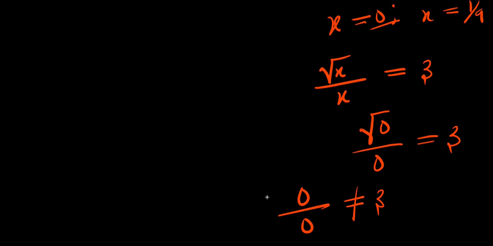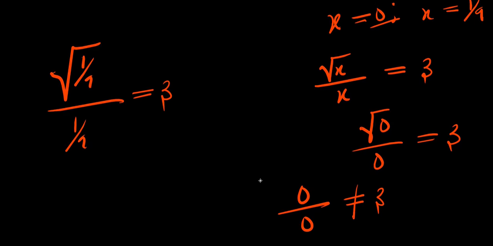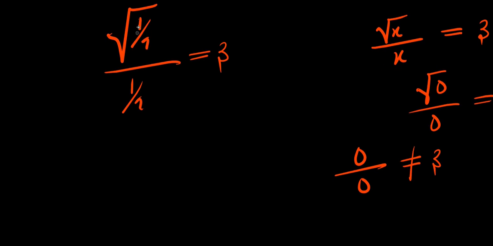Let's consider when x equals 1 over 9. You have square root of 1 over 9 divided by 1 over 9 equals 3. The square root of 1 over 9 simply means square root of 1 divided by square root of 9, divided by 1 divided by 9, equals 3.